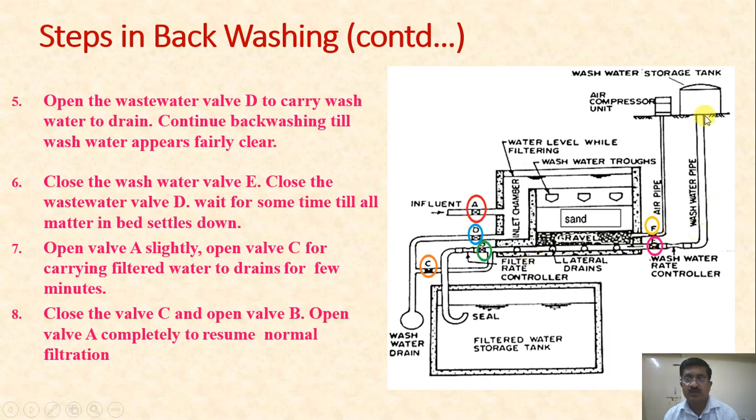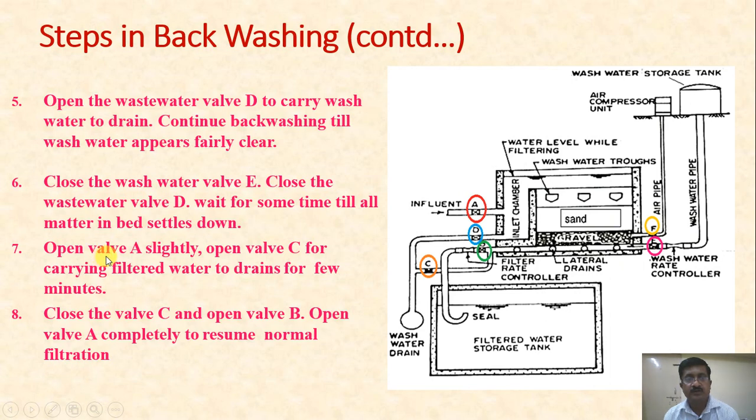Now this supply of wash water will be stopped. Close the wastewater valve D. Because of this muddy water, when it is becoming clear, more clear, this valve is closed. Then wait for some time so that the matter in the bed settles down. So this sand, this gravel, settles down.